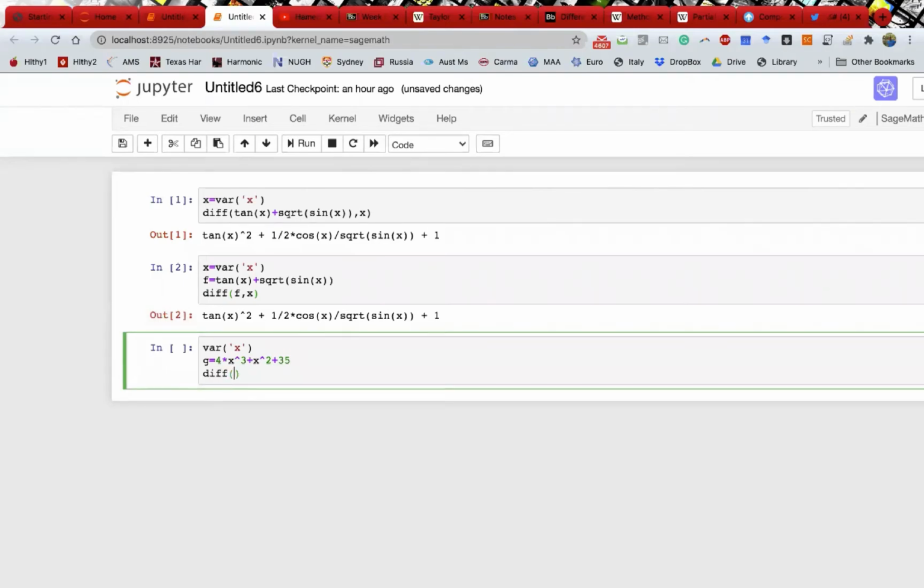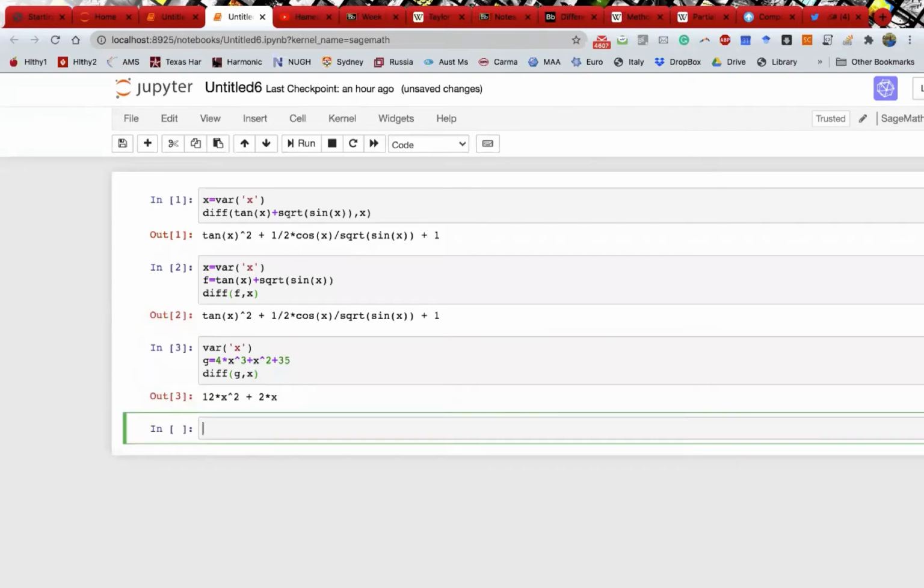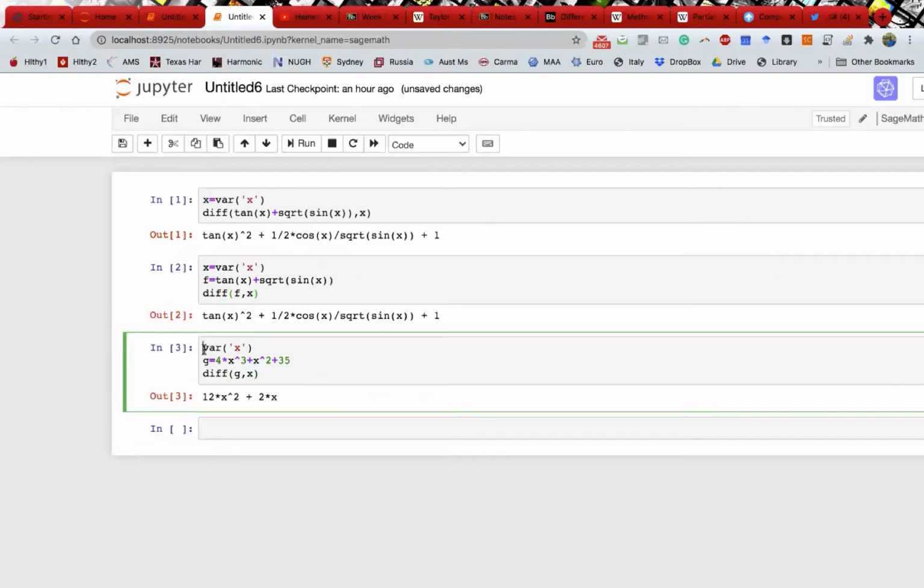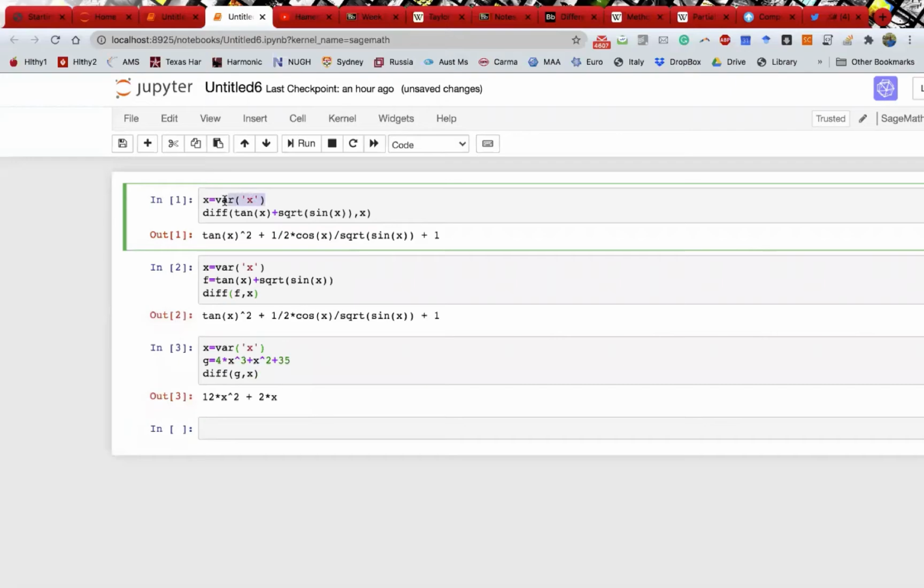Differentiation of g in terms of x. I shouldn't forget to write x equal to here, but since I defined it here, that's why it worked.